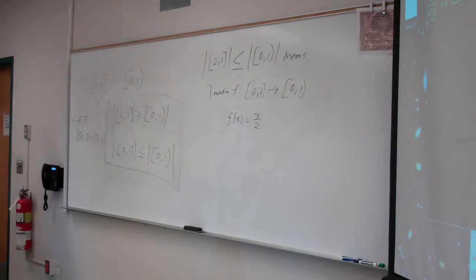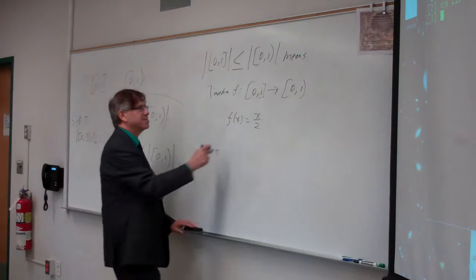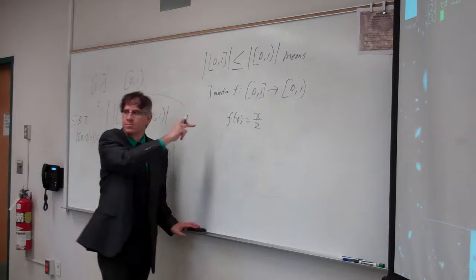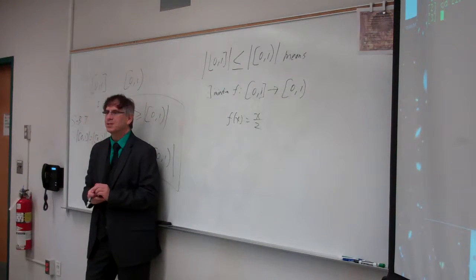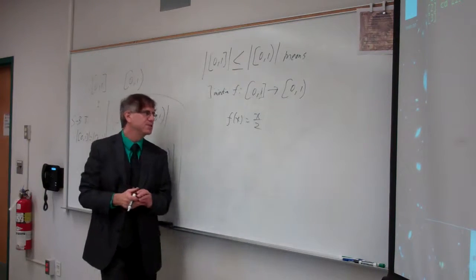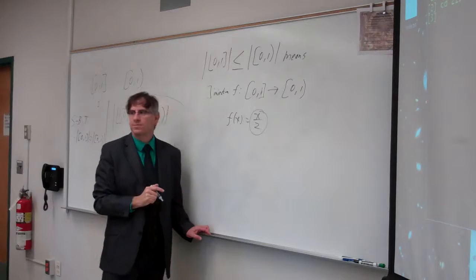So, I know that f of x equals x over 2 does work in this case, intuitively. Yeah. But how would you show that rigorously? You need to show that this is defined for every value in here. Okay. And we know from what division is that we can divide any number by 2. Okay. We need to show that this always lies within here.